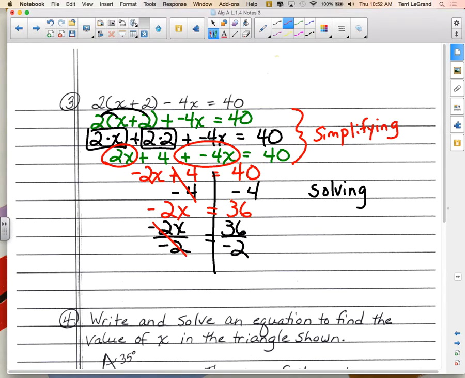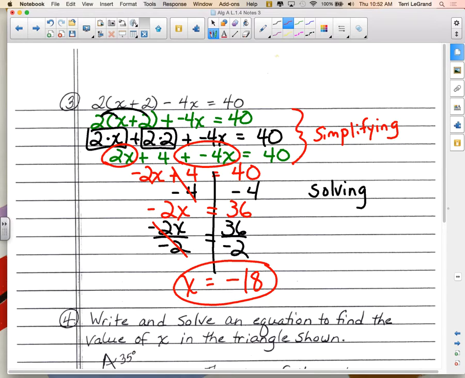I'm dividing both sides by negative 2. A positive divided by a negative is a negative. So I know that my x is going to equal some negative number. How many times can you take a 2 out of 36? 18 times. So x equals negative 18.